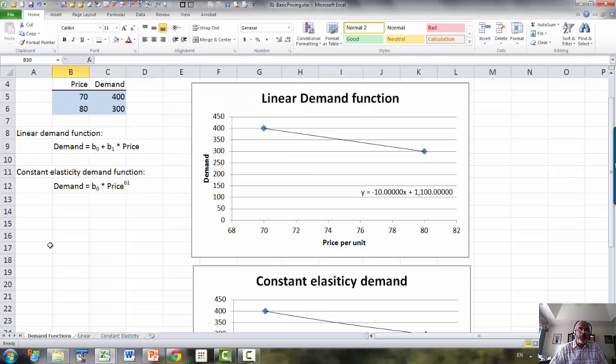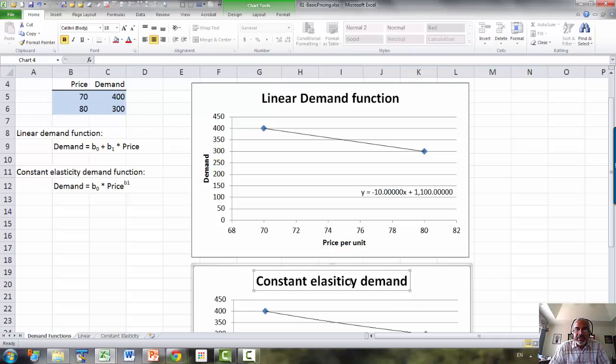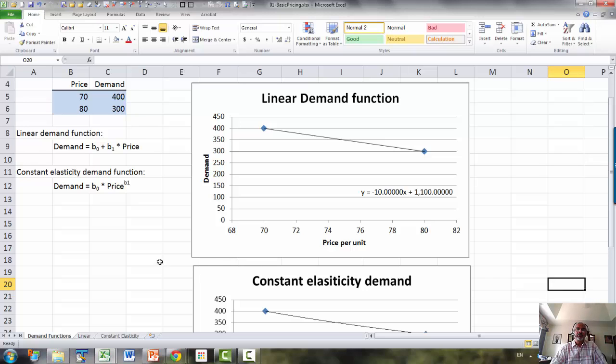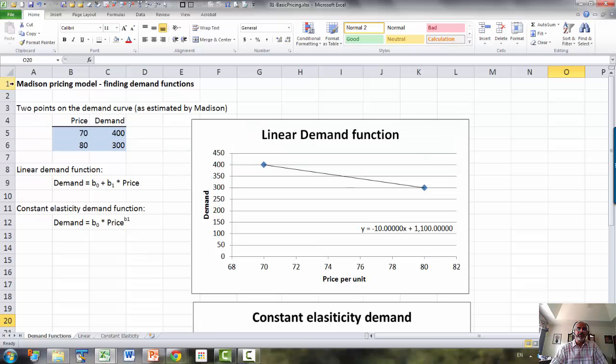So if you have more points, you'll follow the same logic and use all of the points to plot and get your coefficients. And we only looked at linear and constant elasticity models. Okay, I misspelled elasticity here. And we can have other functions, other nonlinear functions as well.